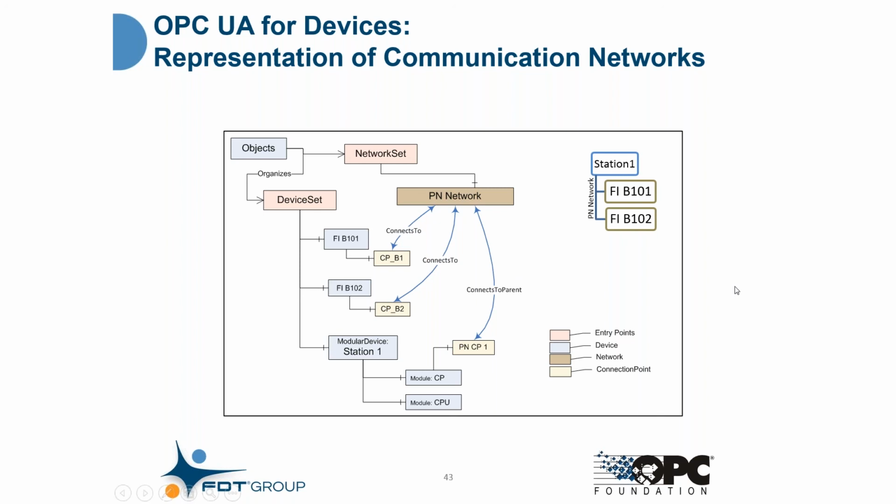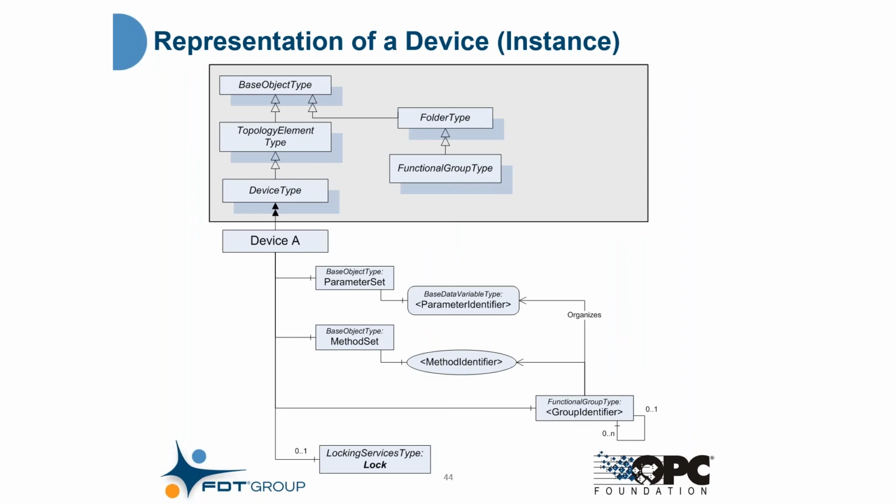This is very powerful, but also if you look at this information within a plain OPC client, within a generic OPC client, it's also very confusing and hard to read. So, okay, representation of a single device basically is done based on the type definition.